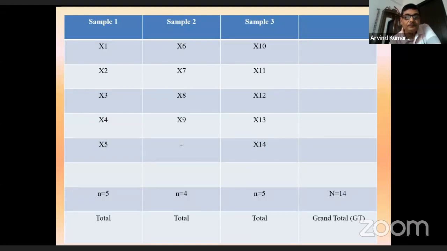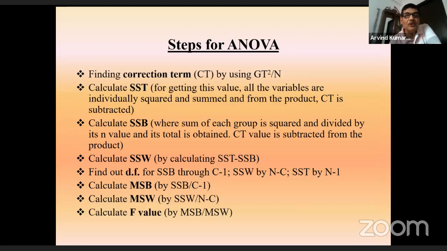So that way SSB will be calculated. Here the sum of each group is squared and divided by its n value, and a total is obtained. From this total, the correction term value will be deducted or subtracted.